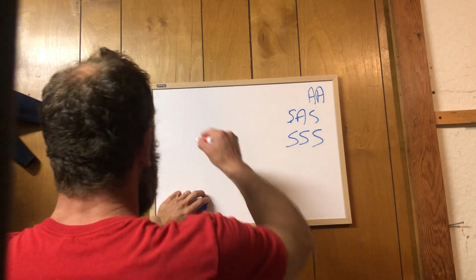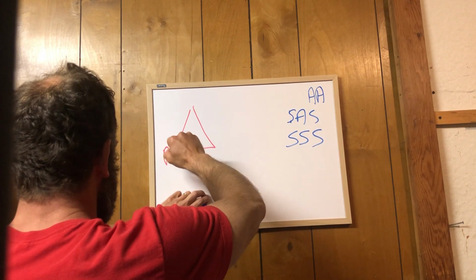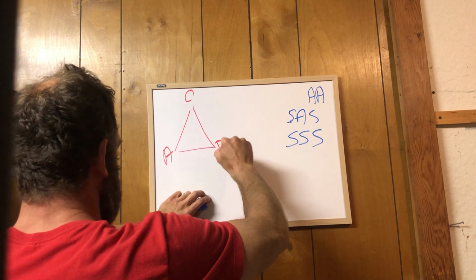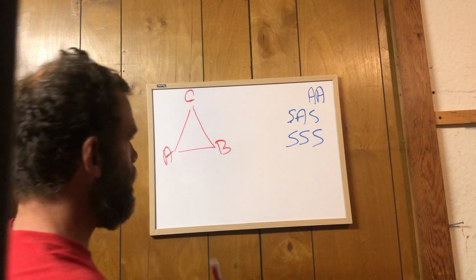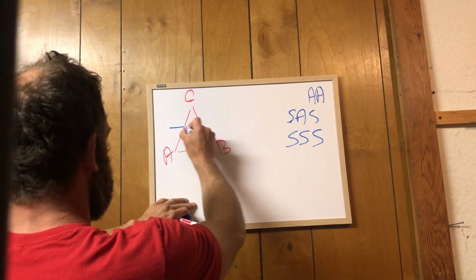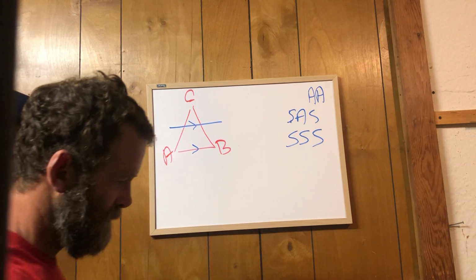So what I do on the notes is I give you a triangle and I say this is the very first thing. It says ACB. And then I draw a parallel line and I do this. Let's say this line is parallel to that base.